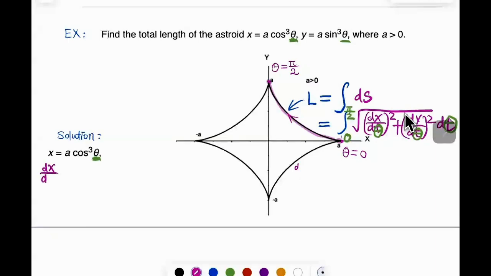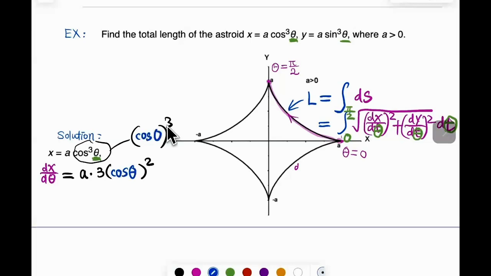dx/d theta is equal to, remember the a here is a constant, so it's just a constant multiple. Then the derivative: the chain rule. The outer function for this one here is the cube function, so when you take the derivative of the cube function, you get 3 times whatever is inside to the second power, and whatever is inside is the cosine of theta.